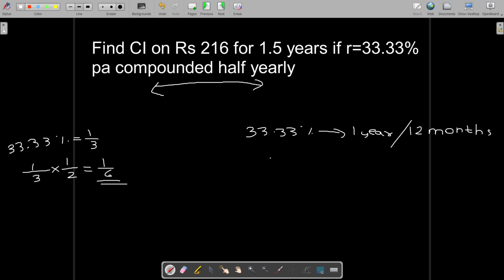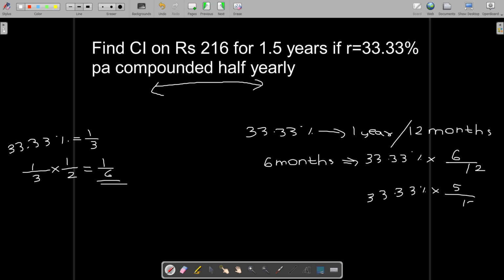So you need to find the interest for 6 months, which is 33.33% times 6 by 12. If you want to find the rate of interest for 5 months, you will have to find 33.33% times 5 by 12.